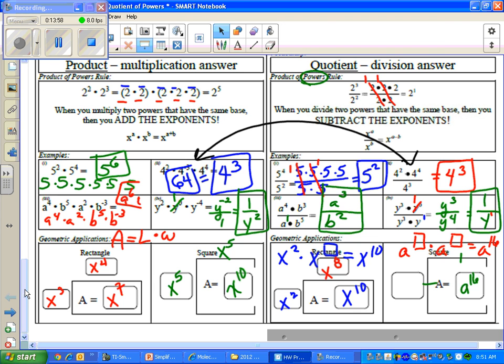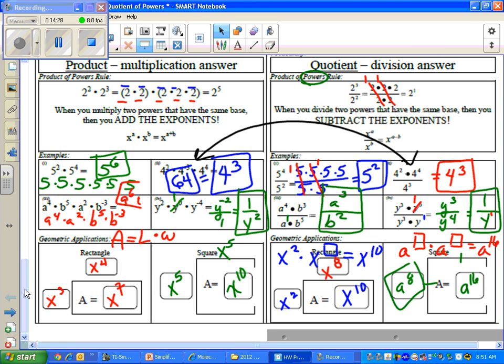And since it's a square, we know that those two blanks, those somethings, have to be the same. Our product rule states that those two numbers will add together to give you 16. So I know your instinct here is going to tell you 4, because 4 times 4 is 16. That's not how this works. Remember, when you do the product of powers of two exponents, you add them together. So we need something that's going to add together to be 16. 8 plus 8 will work. So this guy down here, the missing link, will be a to the 8th.